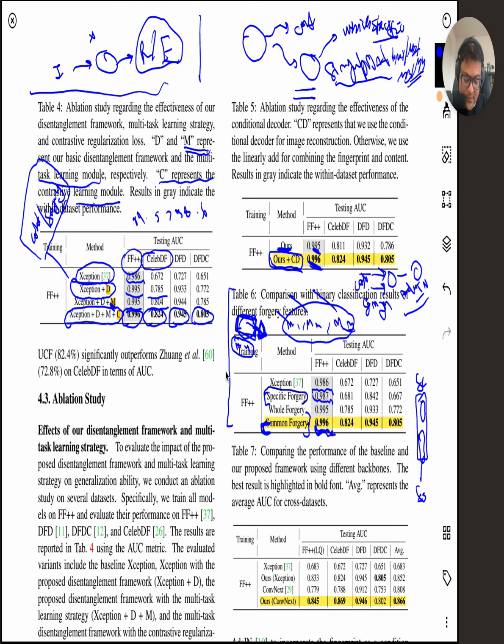The forgery-specific feature only contains information of M1, M2, M3, and since it doesn't contain information about M4, it will not be able to capture that. So that's why the common forgery feature is the correct one to make inference from, and they validated that insight by doing this.